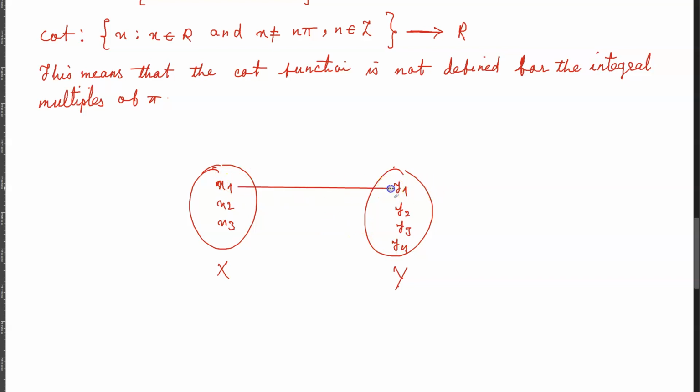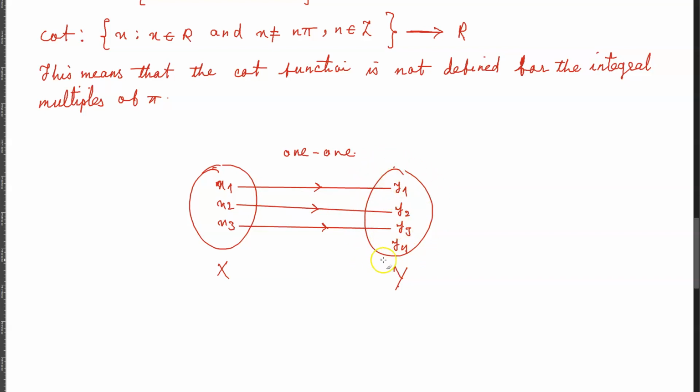Suppose that x1 is mapped to y1, x2 is mapped to y2, and x3 is mapped to y3. Now this function is 1-1. There is no problem with being 1-1. But the function is not onto because in the codomain of the function there is an element y4 which is not the image of any element in the domain of the function. And what that means is that the function is not onto.